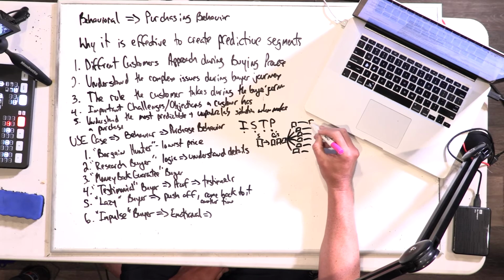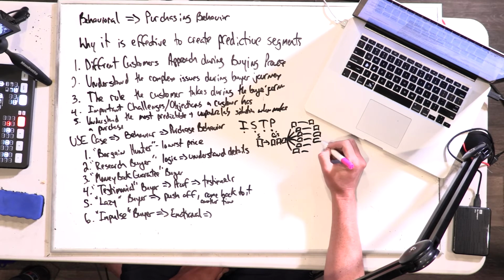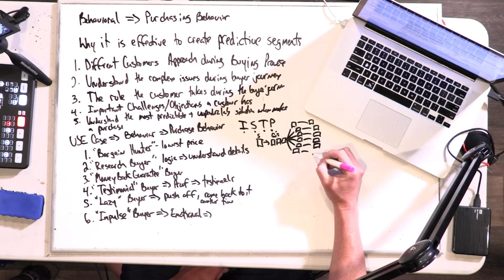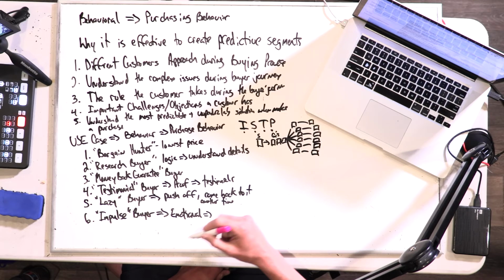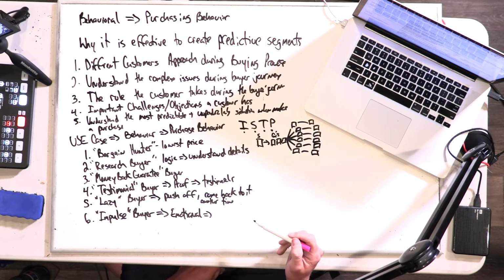And then I'm going to set up 6 outcomes designed specifically for these people's challenges, these people's objections, the issues that they have during the buying journey, the approach that they're taking during the buying journey, right?